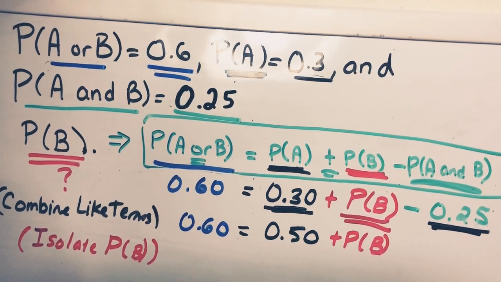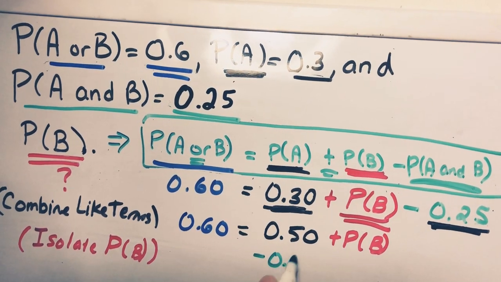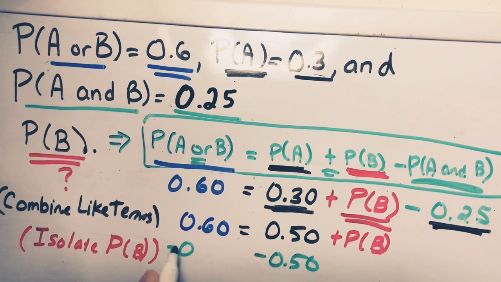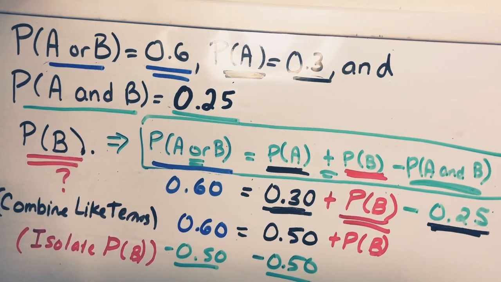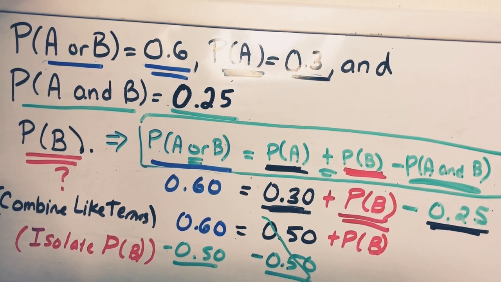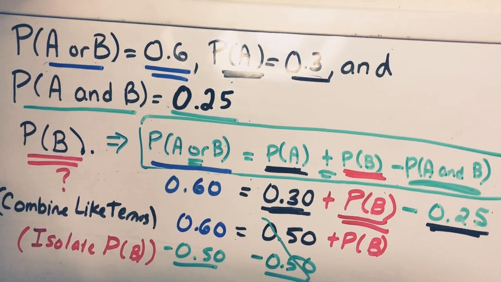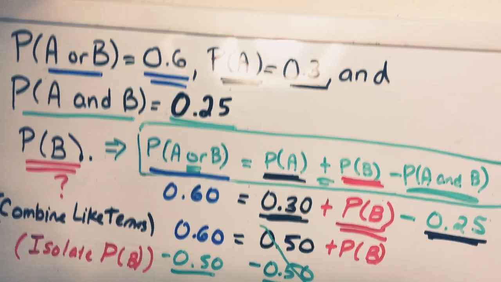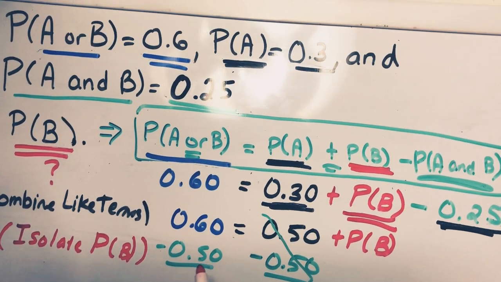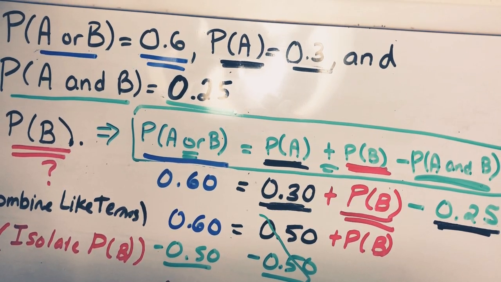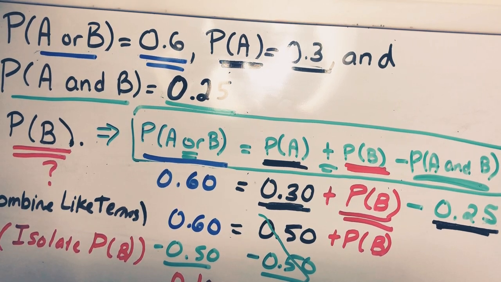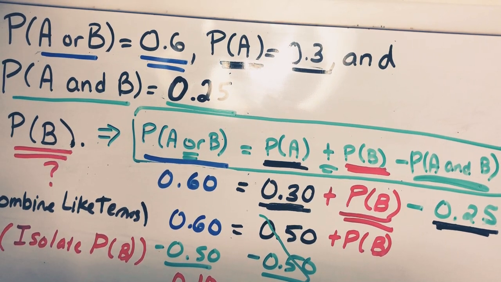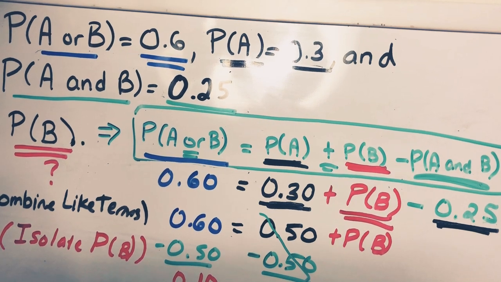So to do that, I would be subtracting 0.50 or 0.5 from both sides. And when I do that, I'll just have the probability of B by itself. And what will that equal? Well, we can see here that 0.6 minus 0.5 is just 0.1, as our probability of B.